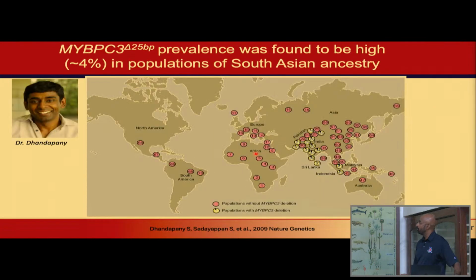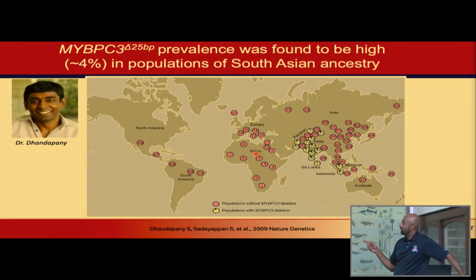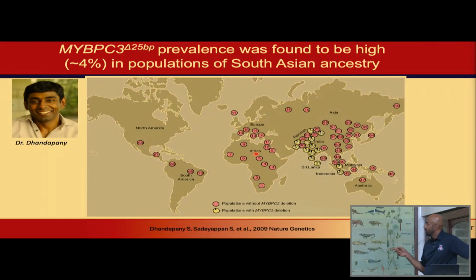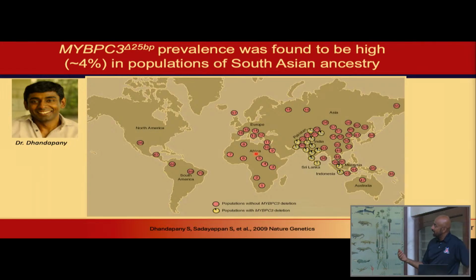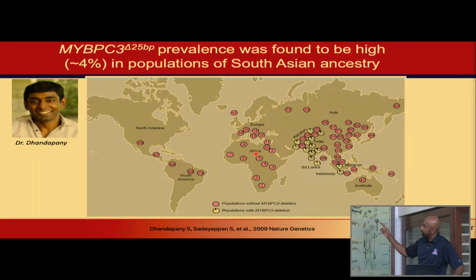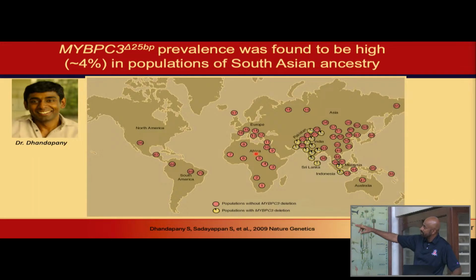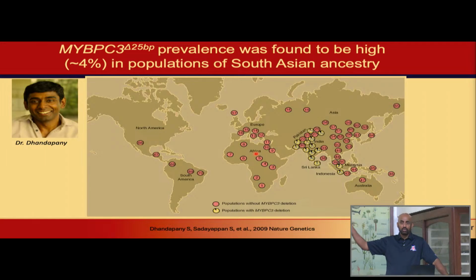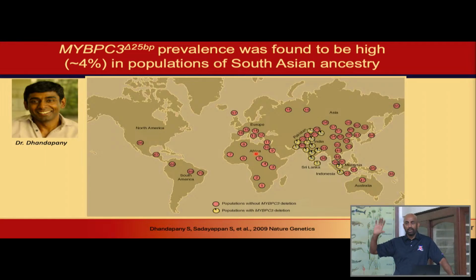Following my PhD work, this is Dandapani, he is now at IISc Bangalore. He extended the study and collected samples from the rest of the world looking for this 25 base pair deletion. From my study, we only focused on South India, Tamil Nadu and Kerala, but then this study extended and we got a paper in Nature Genetics in 2009.